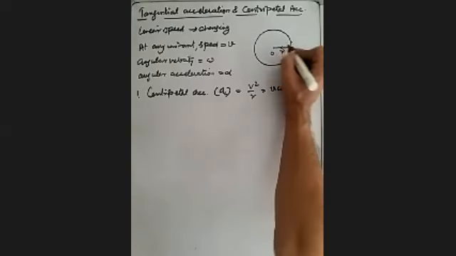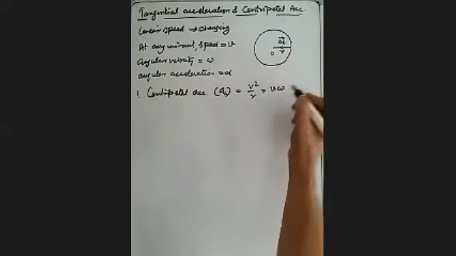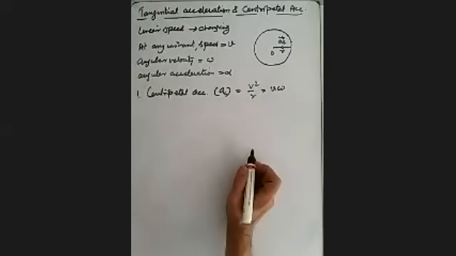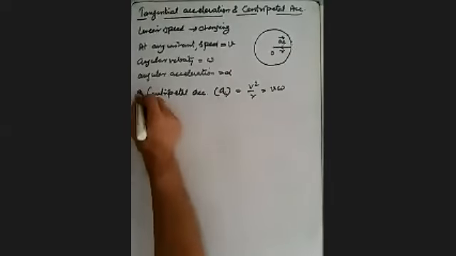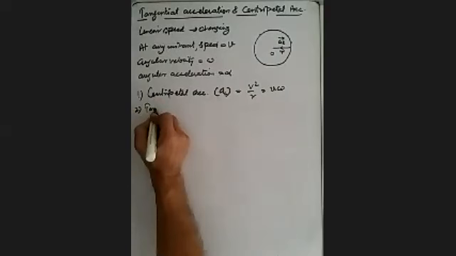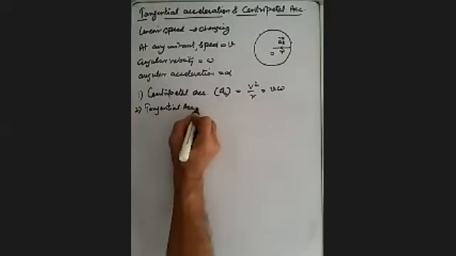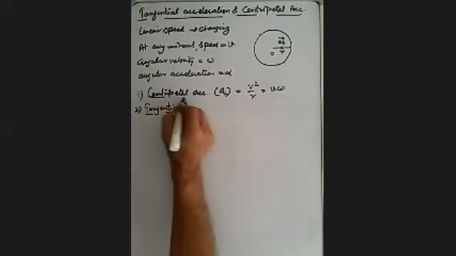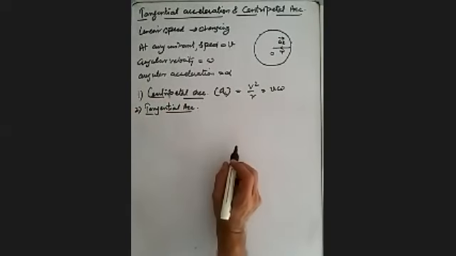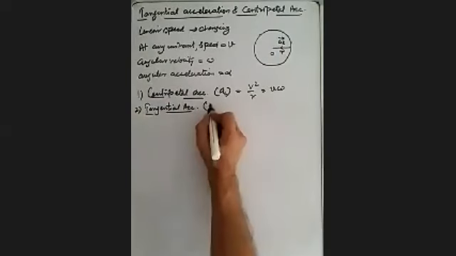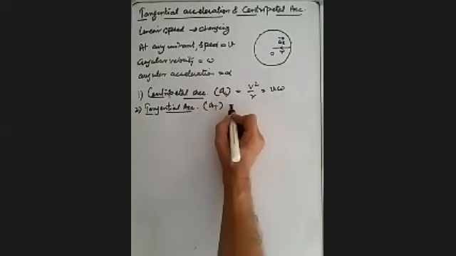So this is the direction in which the acceleration acts, along the radius towards the center. Now tangential acceleration, represented by AT.